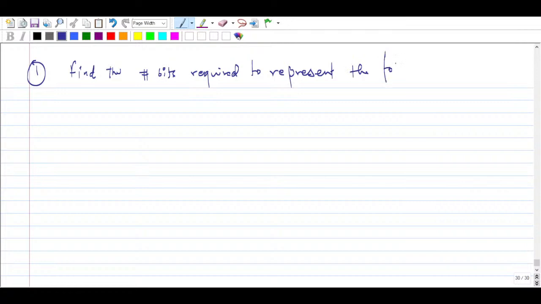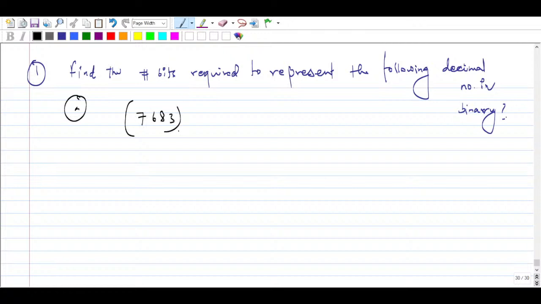So this is the question, and let's see what decimal number is given here. They have given 7683. The base is 10.